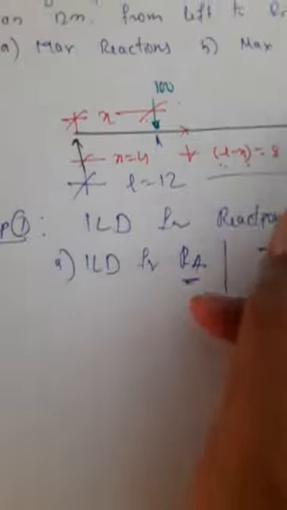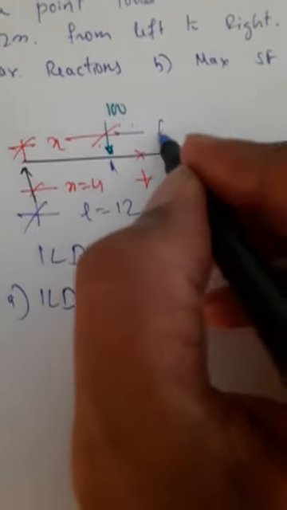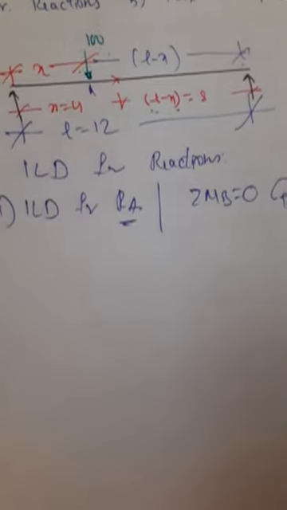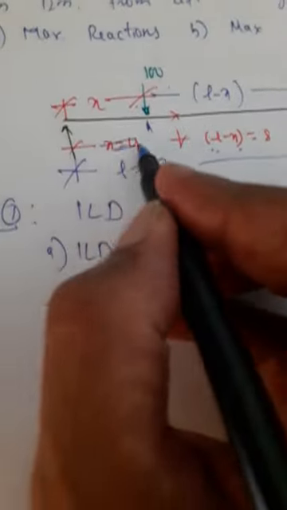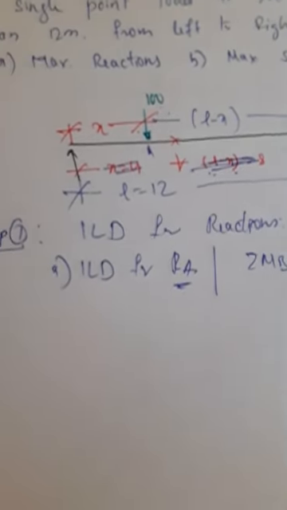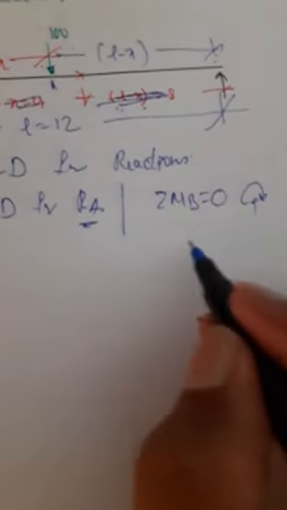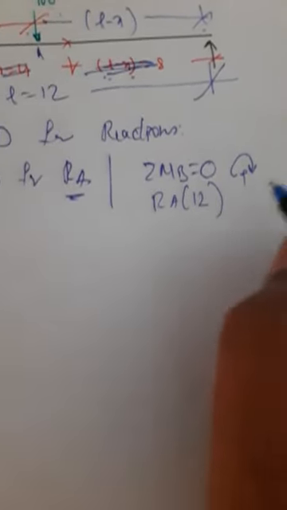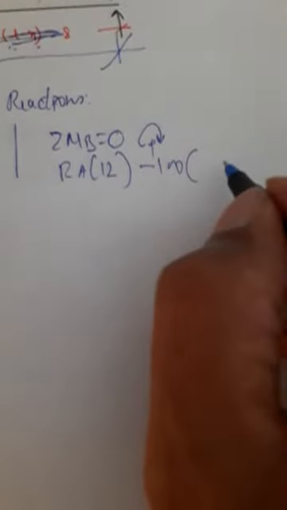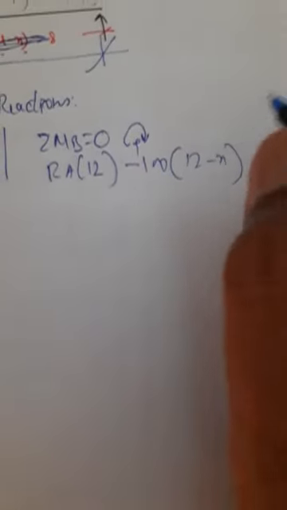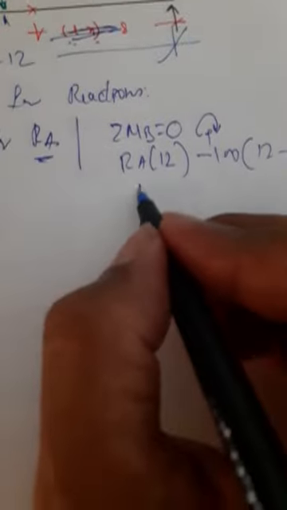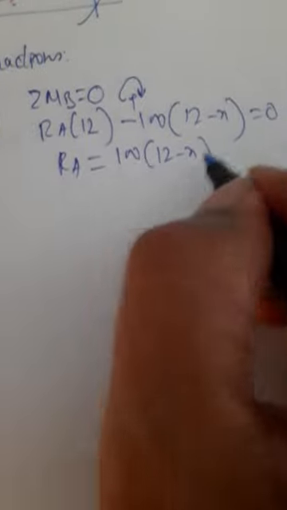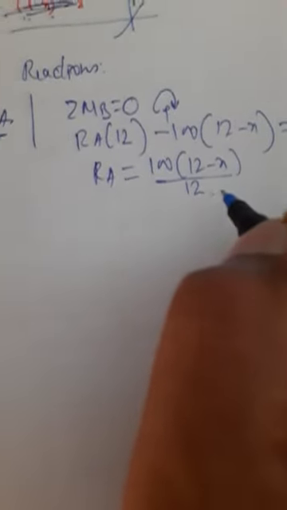If this is x, this distance is L minus x. For this example, only consider this x and L minus x. So moment at B, RA into 12 minus 100 into 12 minus x is equal to 0, or RA is equal to 100 into 12 minus x divided by 12.